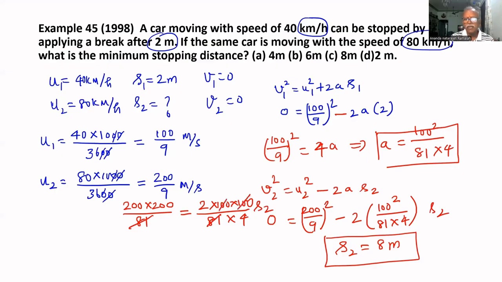So you can cancel and it becomes 2, 2. If you bring this 2 multiplied by 2 multiplied by S2 equal to 8. S2 equal to 8. 8 meter is the answer. Therefore, C is the answer.